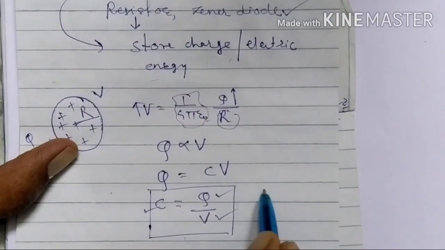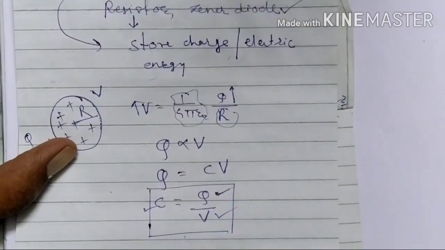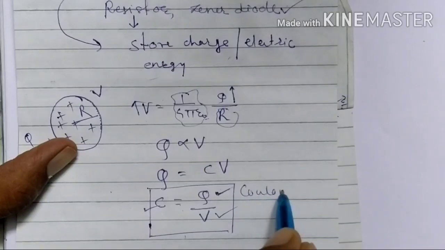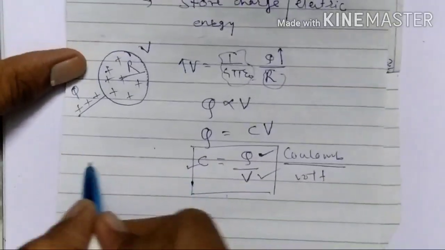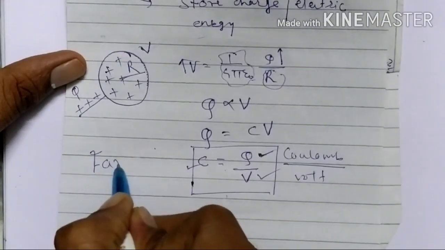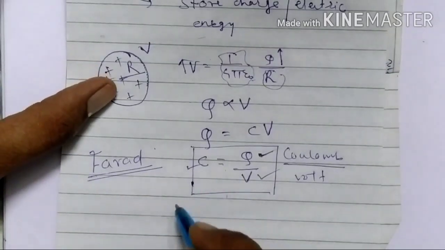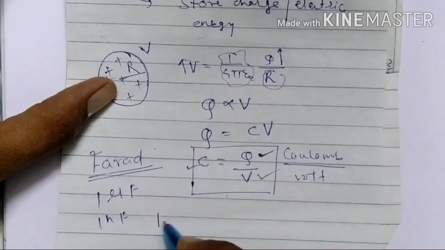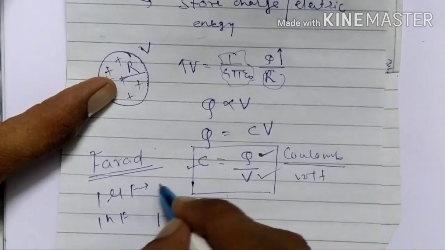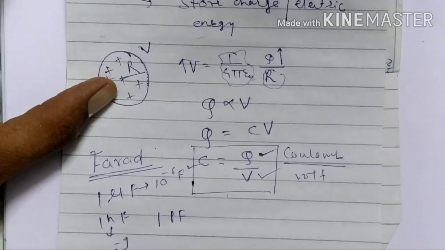Okay, so the unit of capacitance is coulomb per volt, and the SI unit of capacitance is farad. Farad is basically a larger unit. So in practical situations we use 1 microfarad, 1 nanofarad, 1 picofarad. 1 microfarad means 10 raised to minus 6 farad. 1 nanofarad means 1 into 10 raised to minus 9 farad.